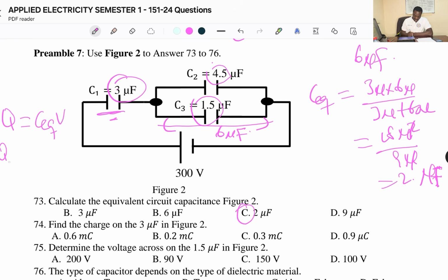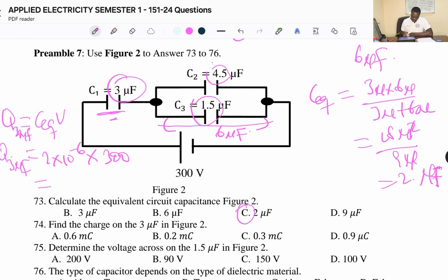So the charge on the 3 microfarad will be equal to the equivalent capacitance, which is 2 times 10 to the power minus 6, times the voltage supply, which is 300 volts.